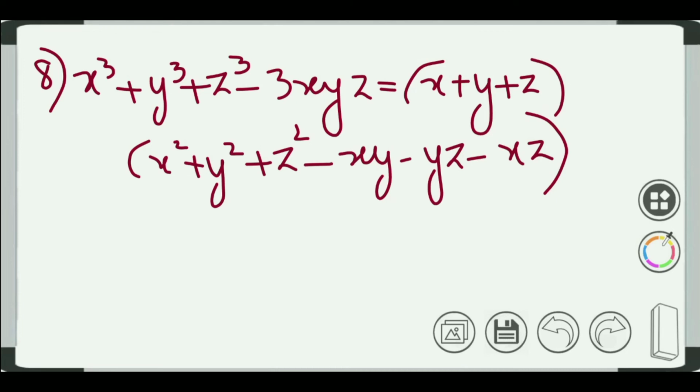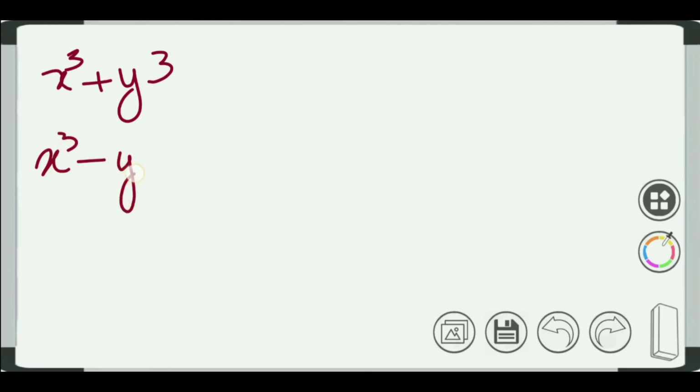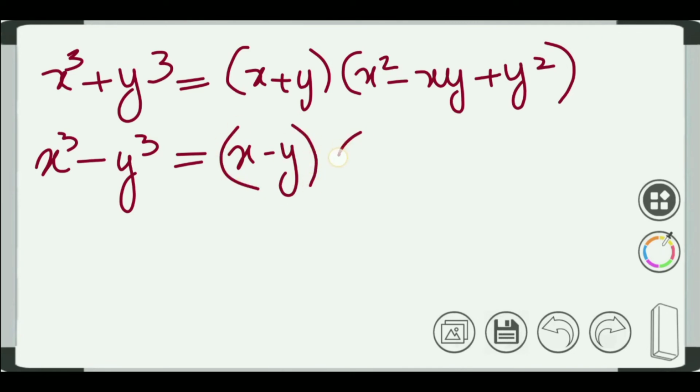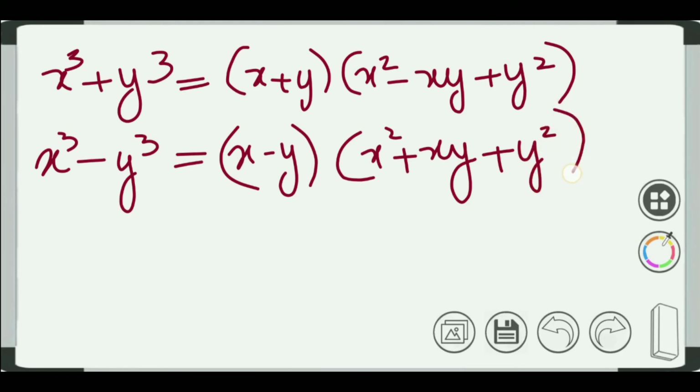What are those identities? x cube plus y cube, and also x cube minus y cube. x cube plus y cube is equal to (x plus y) into (x square minus xy plus y square). Reverse of this, x cube minus y cube is (x minus y) into (x square plus xy plus y square). Okay.